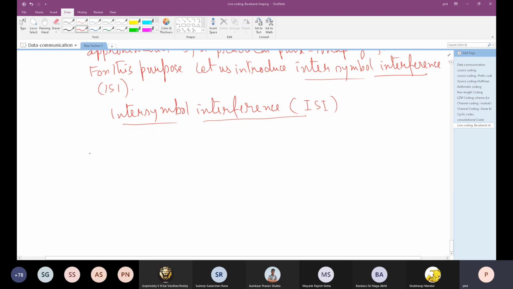So to do that, we will write the time domain equation of the pulse amplitude modulated signal and evaluate the effect of VT.